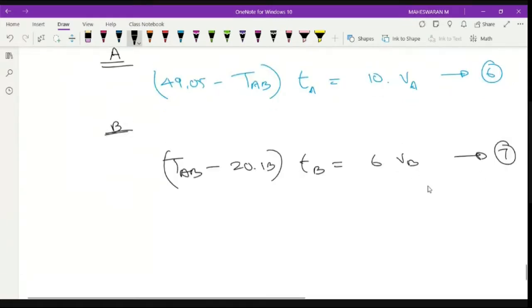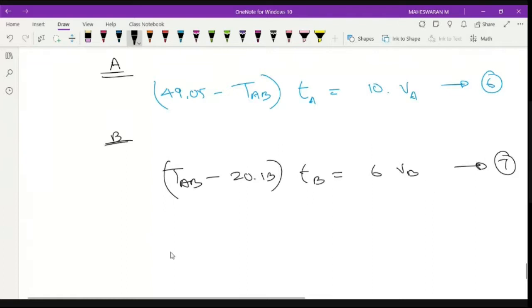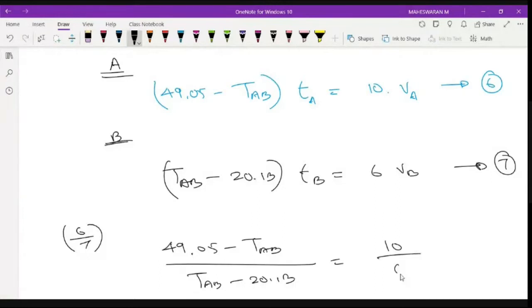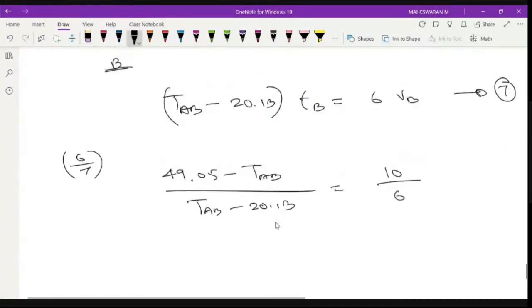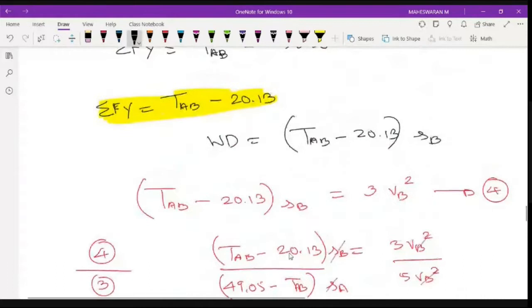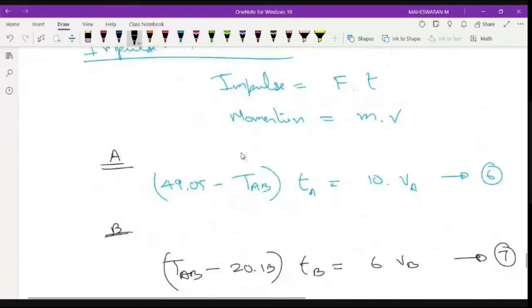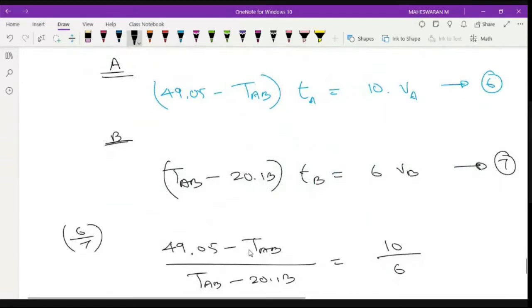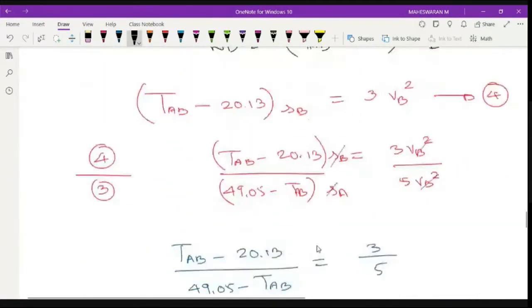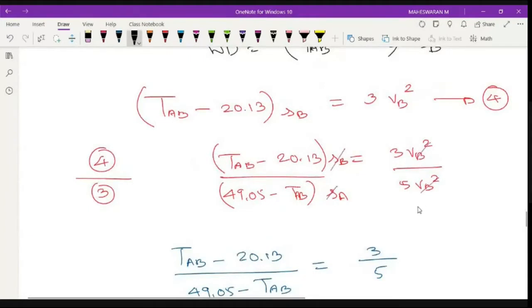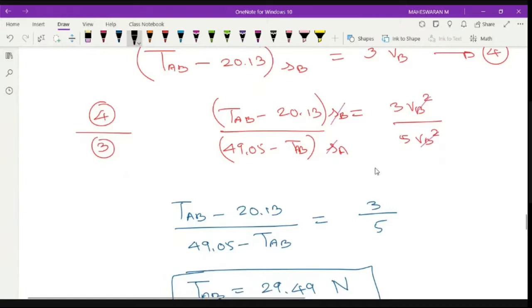So as usual, you divide these two equations, 6 divided by 7, 10 by 6. Same thing, if you solve, you come to this location, right? Whatever you do here, that will be here. That is what we have come to. So automatically you'll get what is your TAB and you can substitute it, right? Any doubt in this part? No, sir.